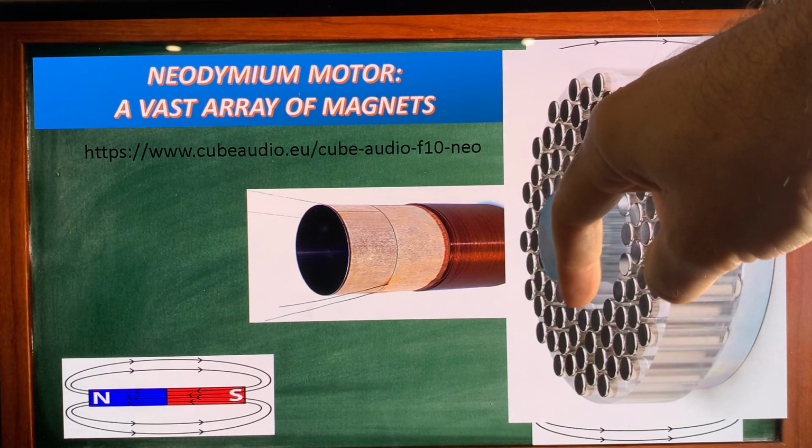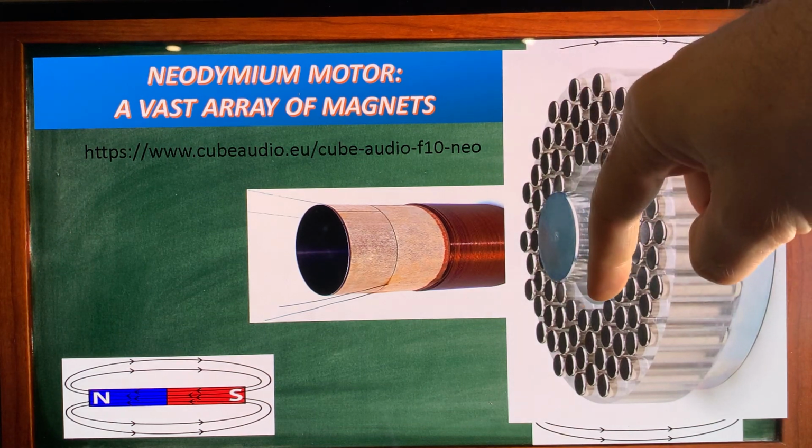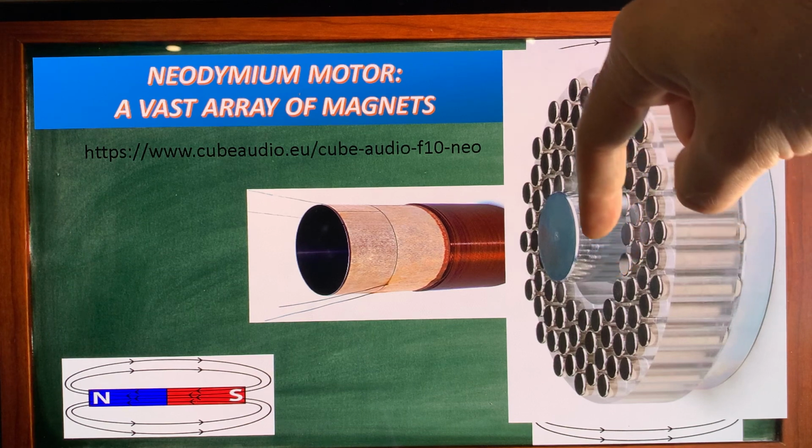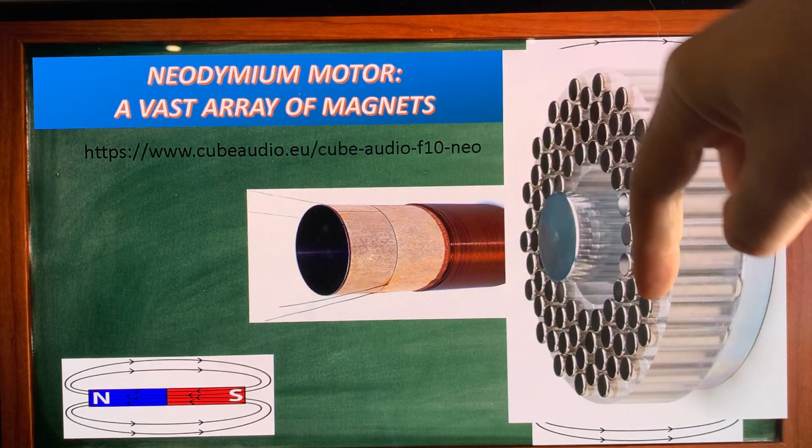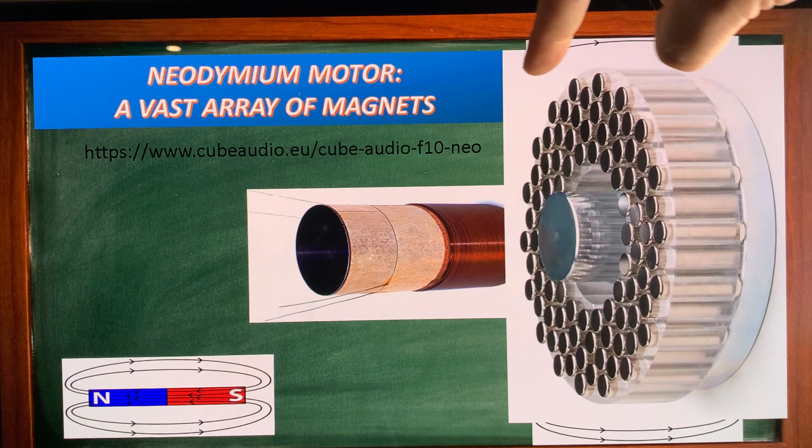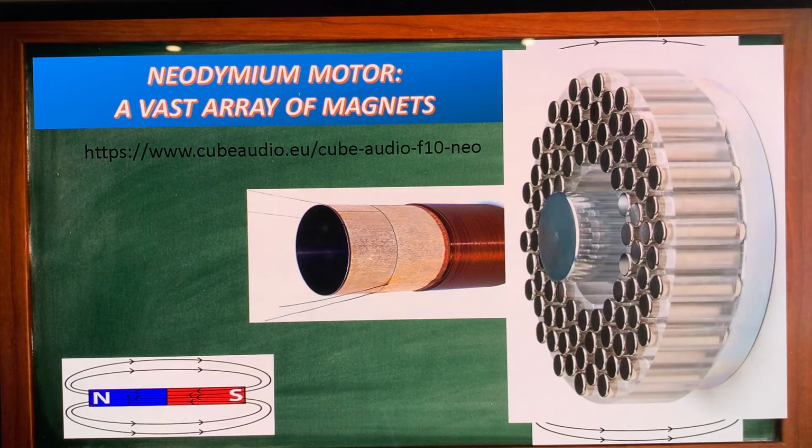And the magnets on the inside ring have a very different magnetic effect on your voice coil compared to those magnets on the outside of this ring. So that's why this is, from a magnetic circuit standpoint, a much more unbalanced circuit than either the ferrite or the ALNICO circuit.